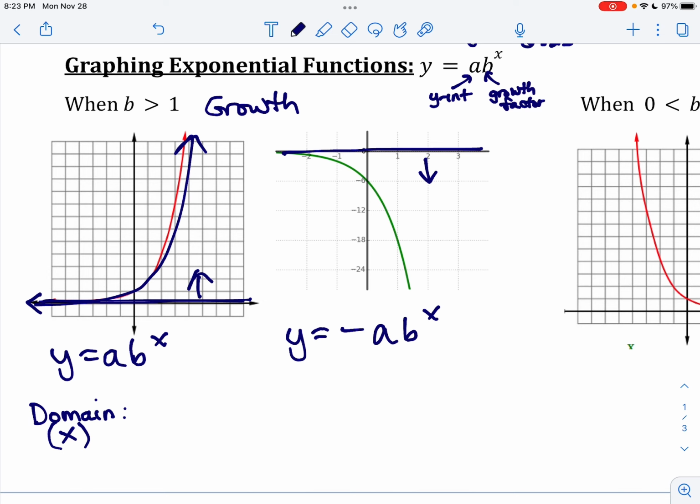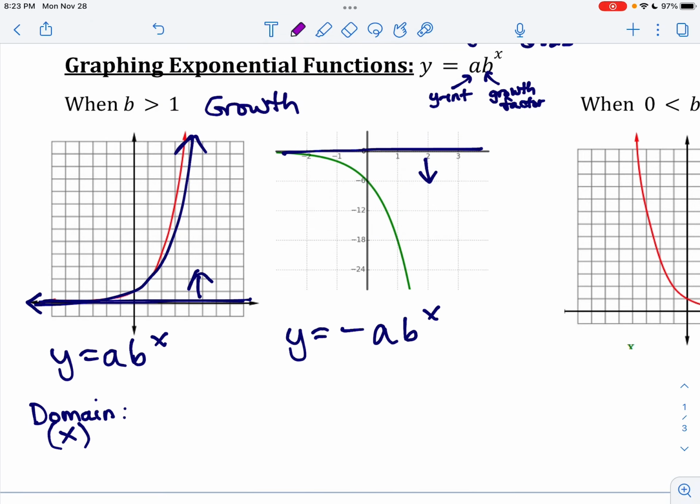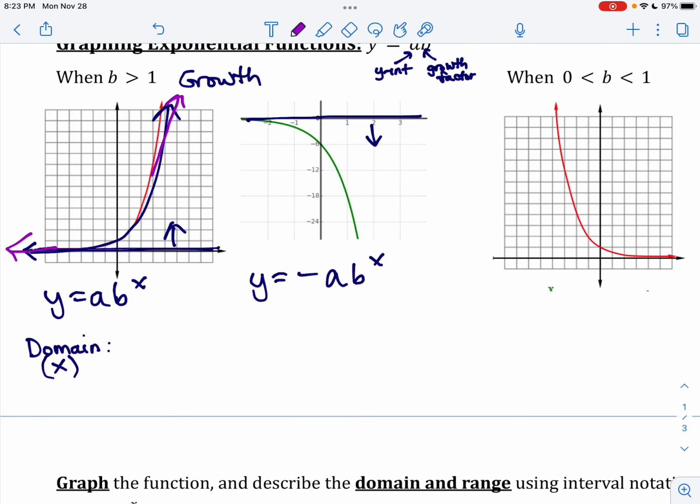So the domain means it goes from this point, it continues in this direction going that way, and it also continues in this direction going this way, which means it's going to include all the x values because it goes on and on and on. It never stops. So if it contains all of the x values, that means our domain is going to be all real numbers.